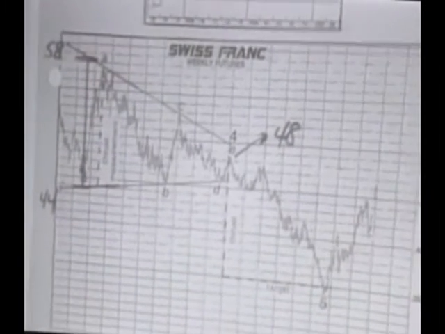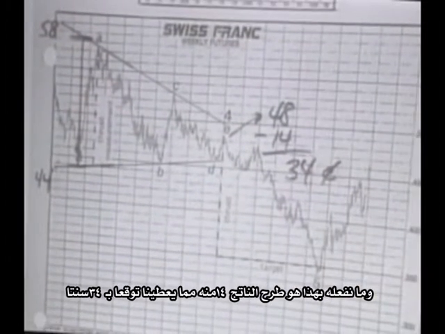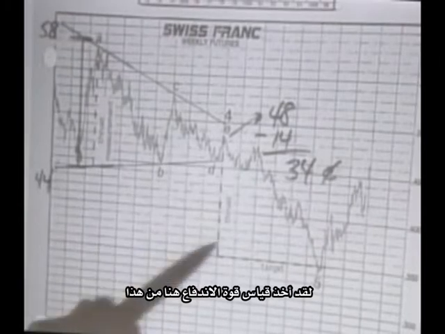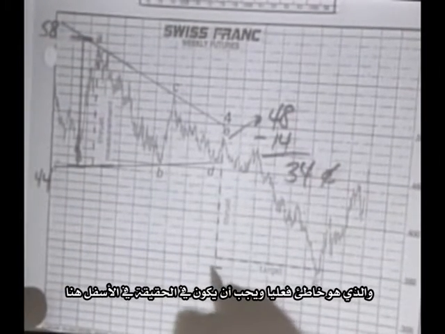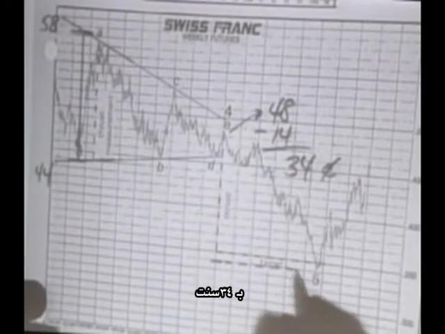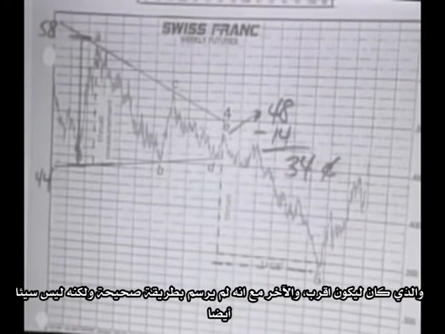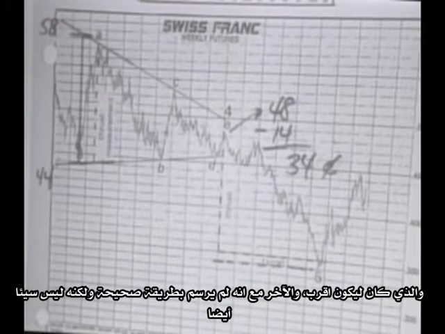The triangle ended here at approximately 48 cents. What we do with that is subtract the 14 cents, giving us a target of 34 cents. Now this thrust measurement here was taken from this, which is incorrect, and is actually down here at 34 cents, which would have been a little bit closer, although the other one, even though it was drawn incorrectly, wasn't bad.